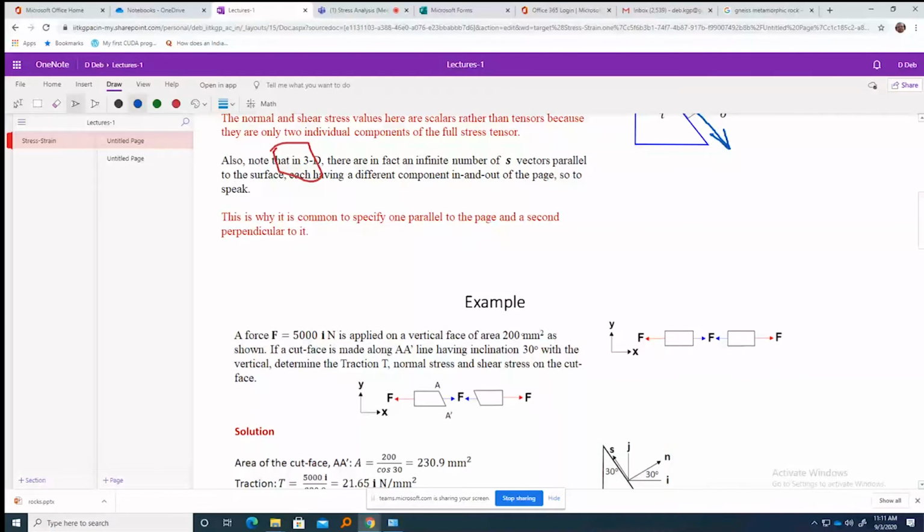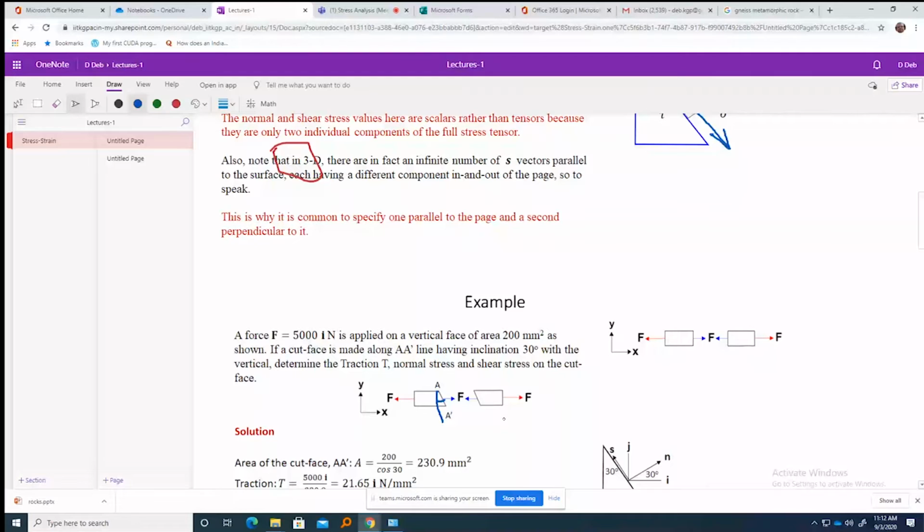Then I have cut the face in AA dash, which has a 30-degree angle with the vertical. So if I draw a 30-degree angle, it is like this. Now you determine the traction along the AA dash plane as well as the normal stress and shear stress. Okay. The question is clear to you?